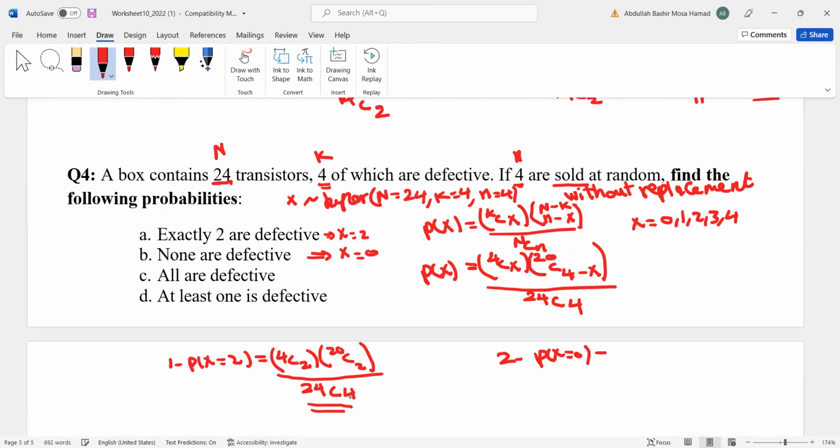We substitute 0 instead of X. So 4 C 0 multiplied by 20 C 4 over 24 C 4. 4 C 0 is 1, so we have 20 C 4 over 24 C 4. We can get this by calculator.